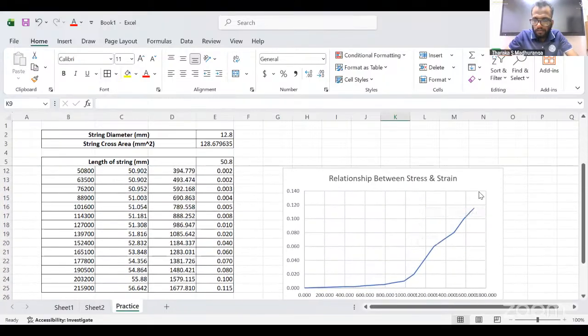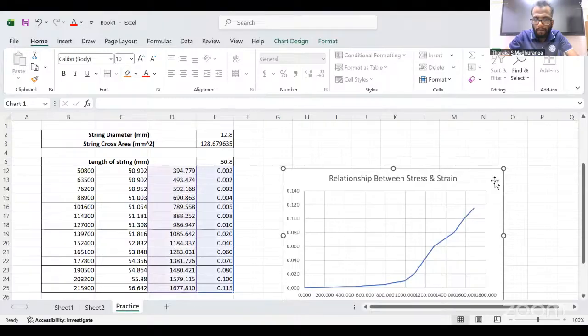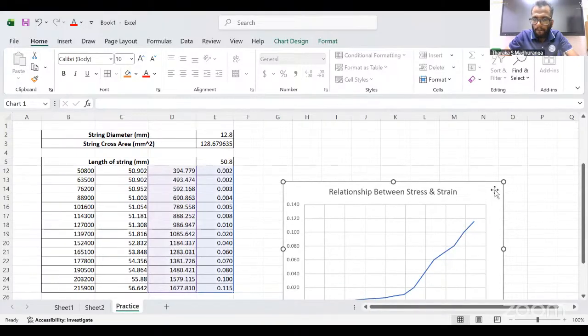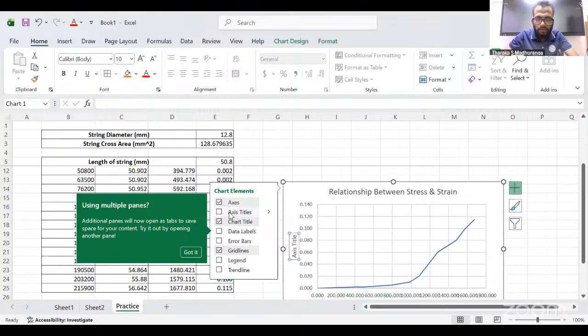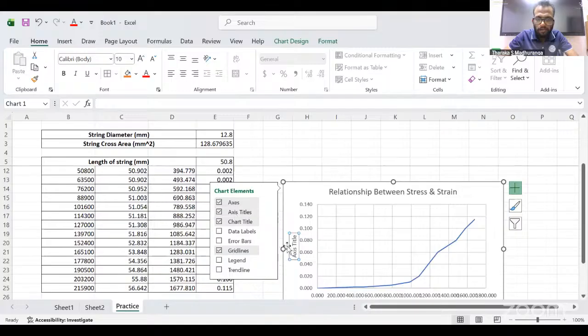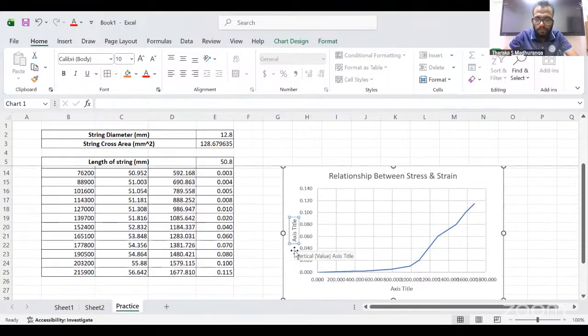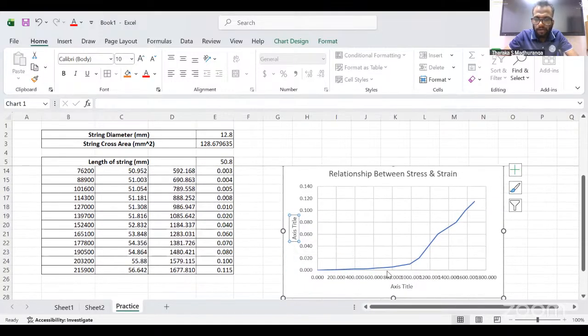The thing is, this one. There is a plus mark here. You can click this plus mark and get the chart elements, such as axis titles, and apply them. What is the x-axis?